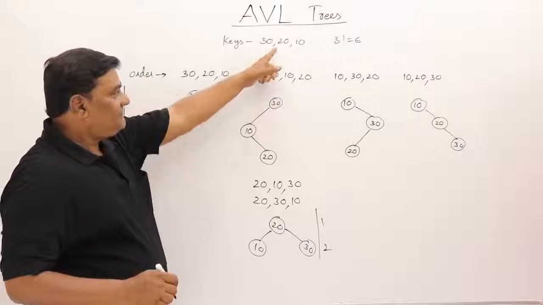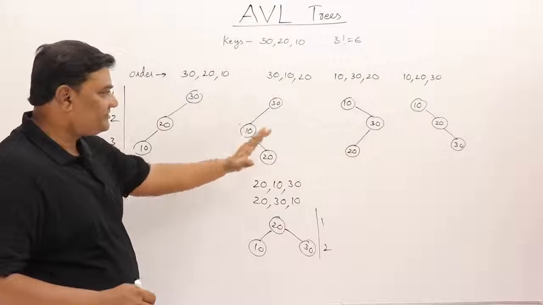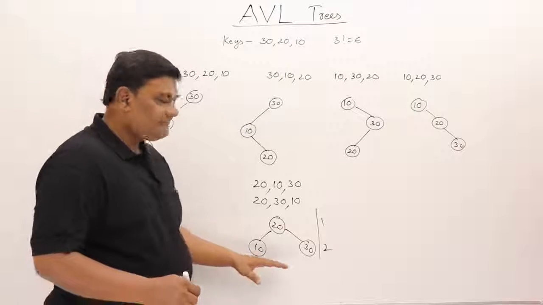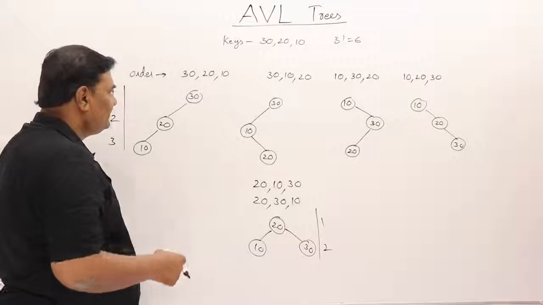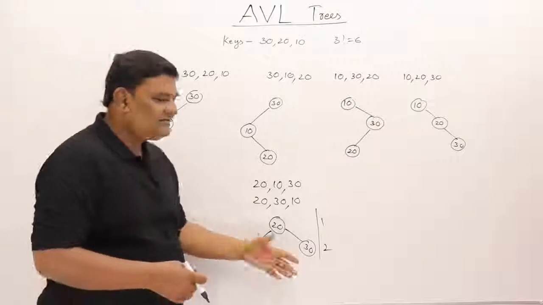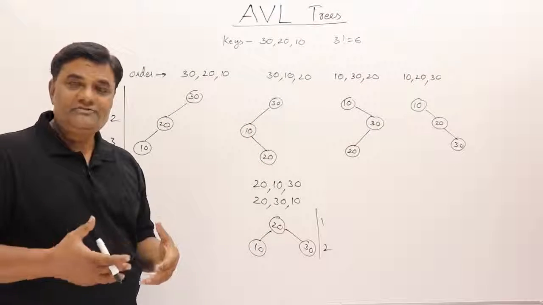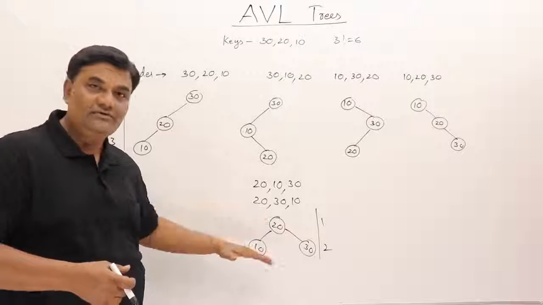For the same set of keys, in these orders I am getting this shaped binary search tree, but I want this one. Is there any way to convert this? There is no way to just remove it and take this one. But there should be some method, some procedure for converting that one into this one.